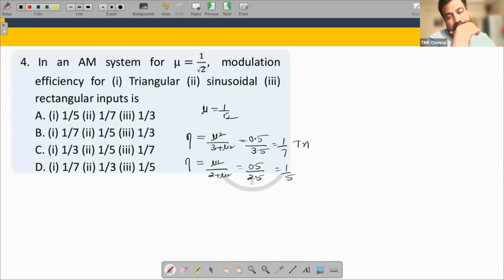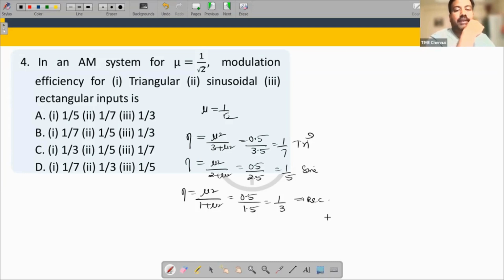That's 1 by 5. For rectangular input, eta is mu square by 1 plus mu square, 0.5 by 1.5. That's 1 by 3. So 1 by 7, 1 by 5, 1 by 3. Option B is the answer.